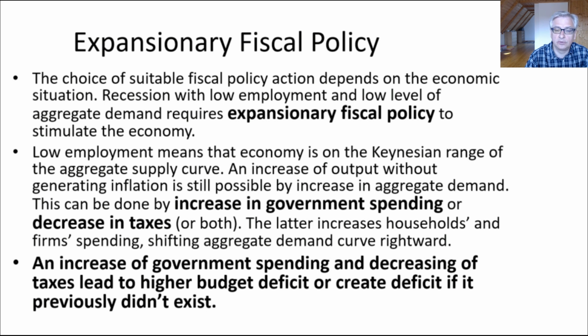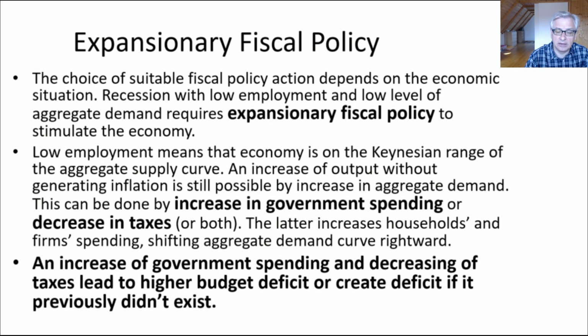Therefore, we need to boost the economy, we need to push aggregate demand curve to the right, and this can be achieved by two ways. We can increase government expenditures, which is a part of aggregate demand. Remember, consumption, investment, government expenditures, net exports. Or we can decrease taxes, allowing for more investment and more consumption because of a bigger income.